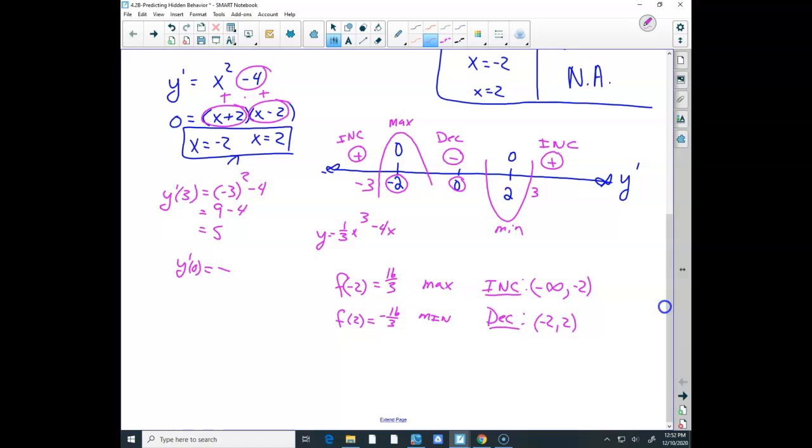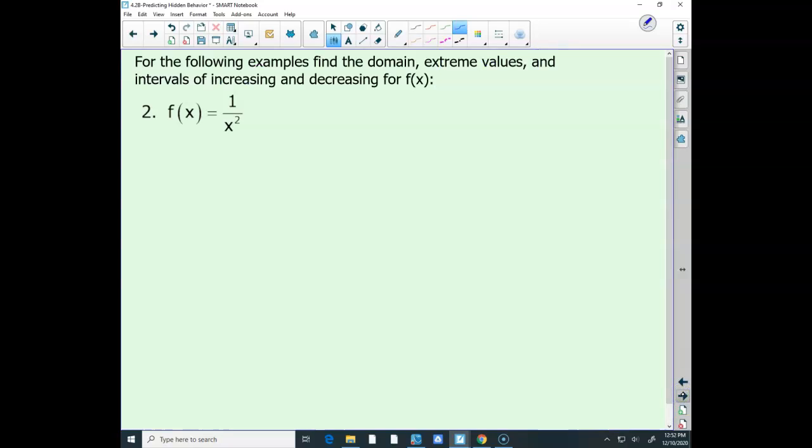Then from 2 to infinity, I increase. A lot of times you're going to have to justify why you know it's increasing. Because y prime is greater than 0. Why do I know it's decreasing? Y prime is less than 0. That's how I know. And then we're going to do one more quick example here, and then I am out.